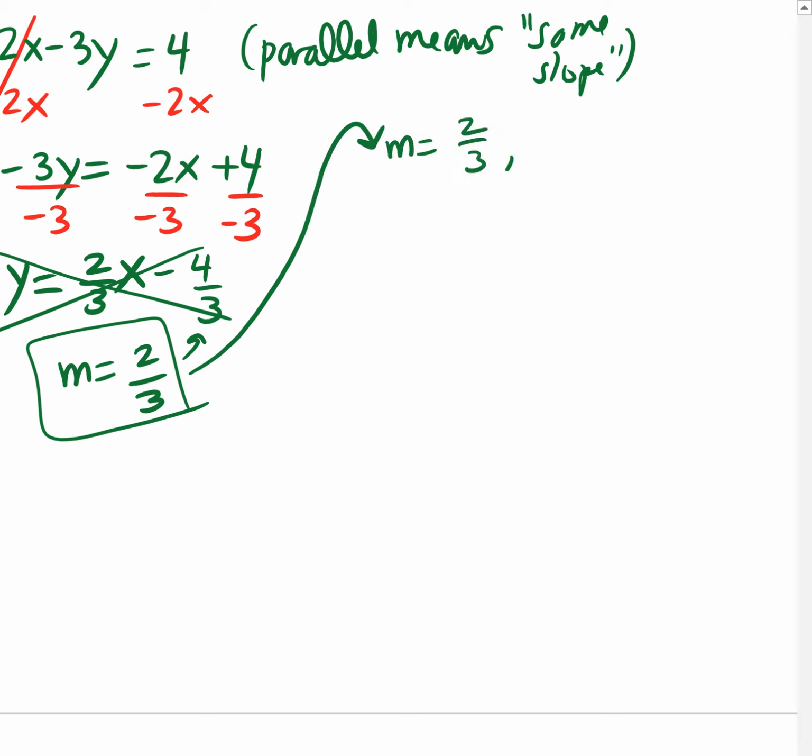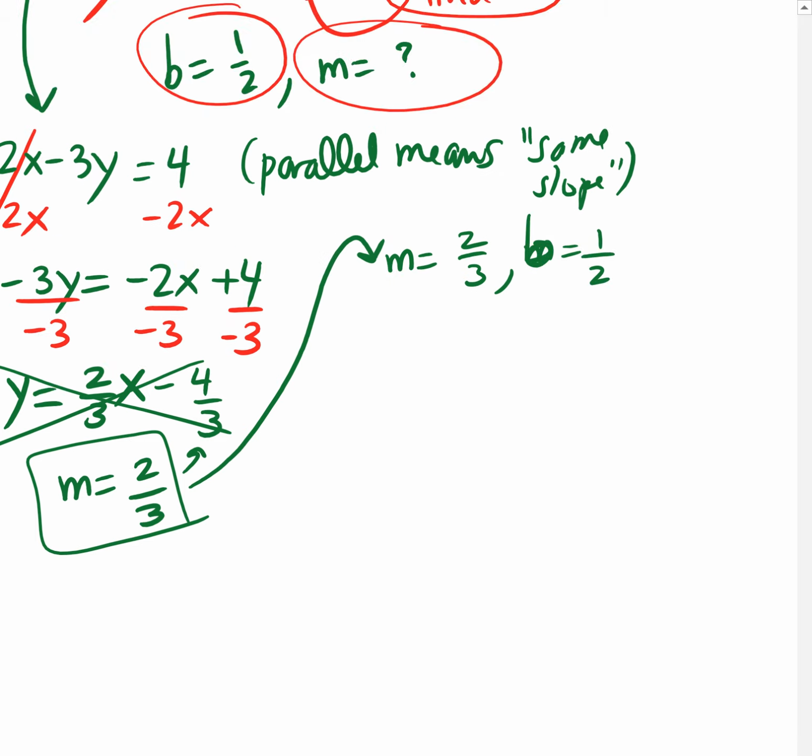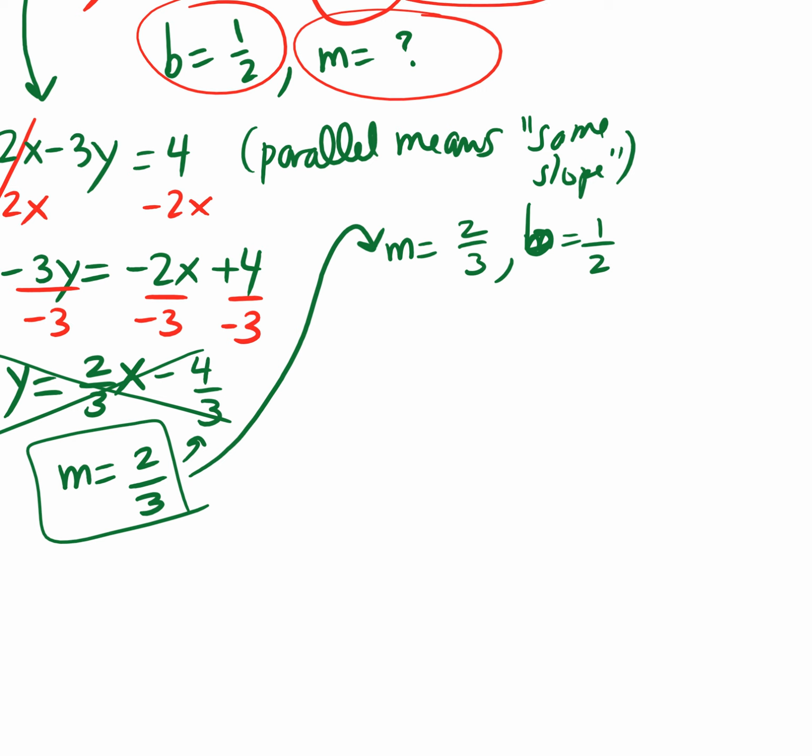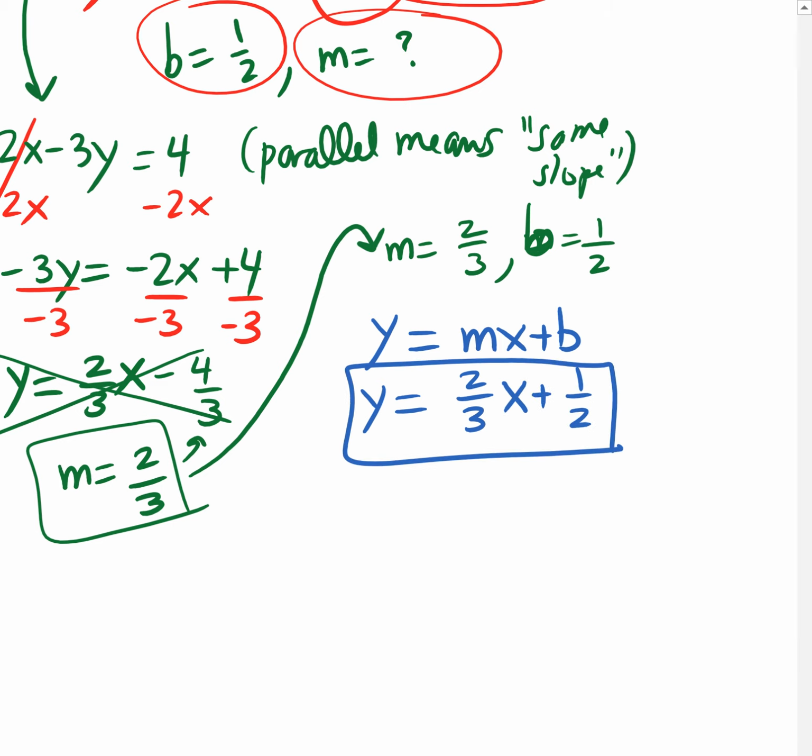The line I want must have slope 2/3, and above we said the y-intercept was 1/2. Now that we know the slope and y-intercept, we're ready to substitute those into y equals mx plus b, and we'll be done. So m is 2/3, x plus b is 1/2. There it is. Beautiful.